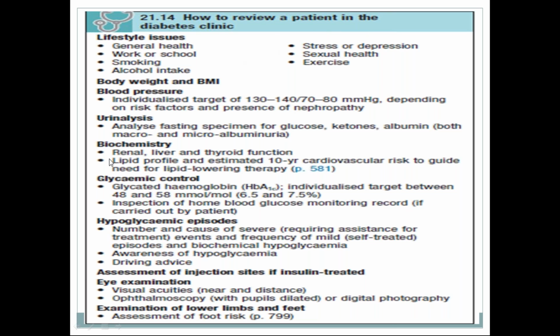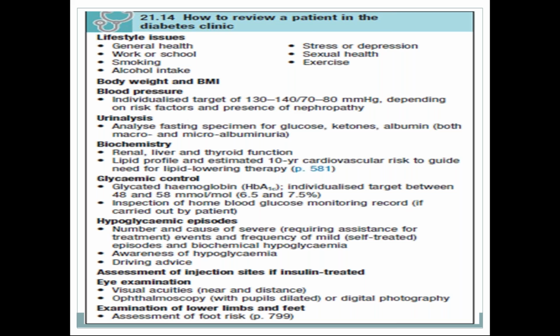When the patient reviews at the diabetic clinic, you should check for any lifestyle issues. You should check the general health of the patient, his general condition at work, any smoking, amount of alcohol intake, any stresses or depression, how long he does exercise, and body weight and BMI, because obesity, mostly central obesity, most commonly causes insulin resistance.